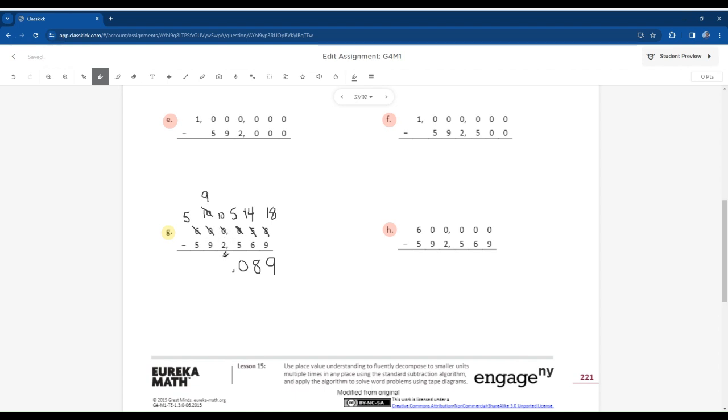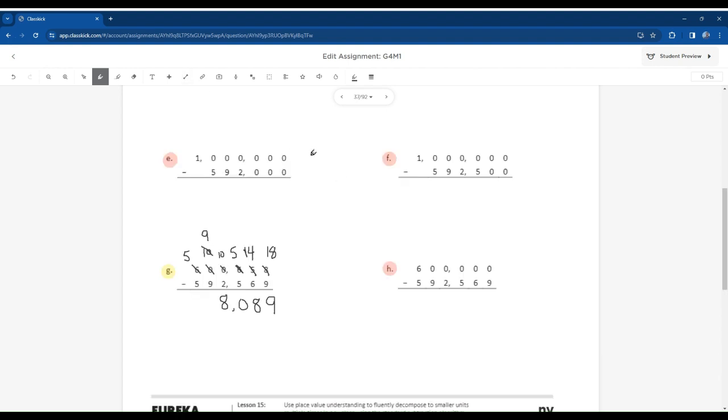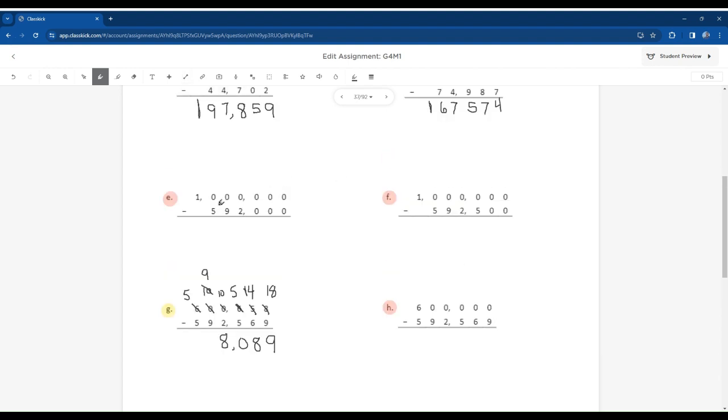So I can take away 2, which is 8,000s. 9 minus 9 is 0, and 5 minus 5 is also 0 for a difference of 8,489.